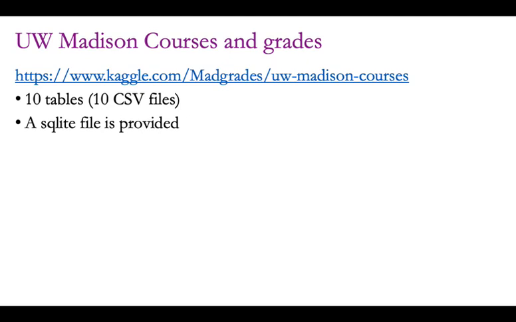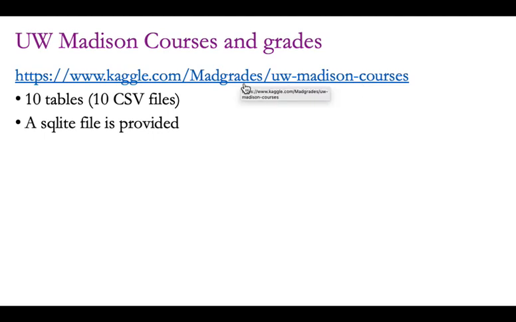So another data set I found on Kaggle is from the University of Wisconsin-Madison. Because they're a public university, they have to make their data, their information about themselves, public. So they actually released all of the grades from all their courses.